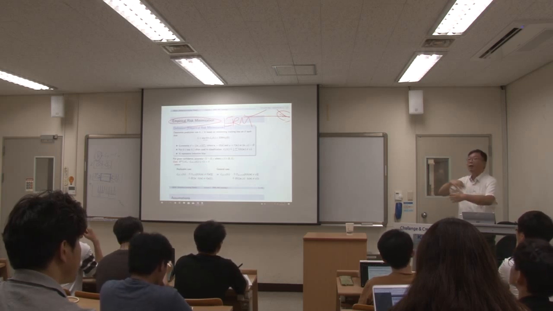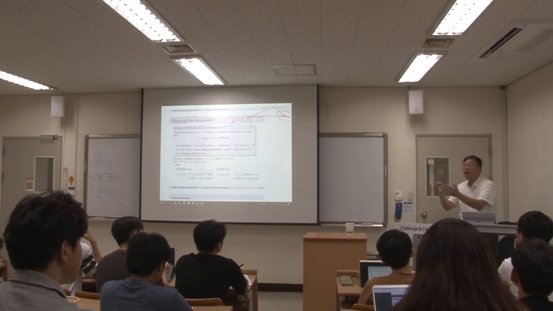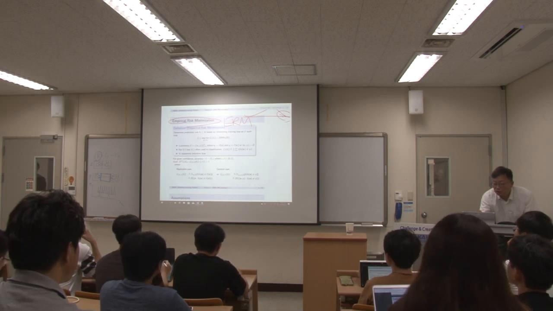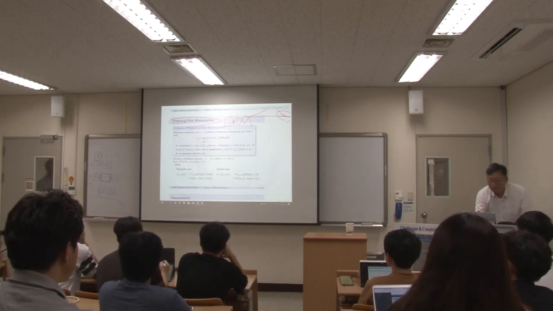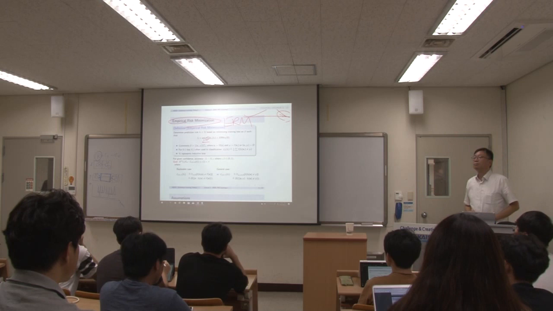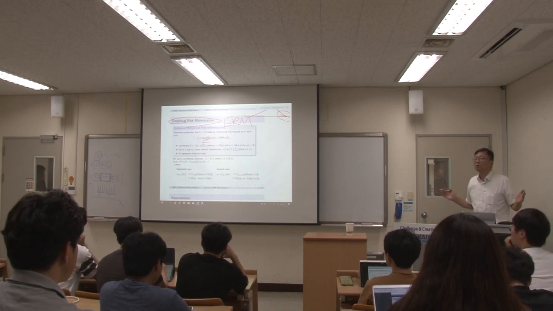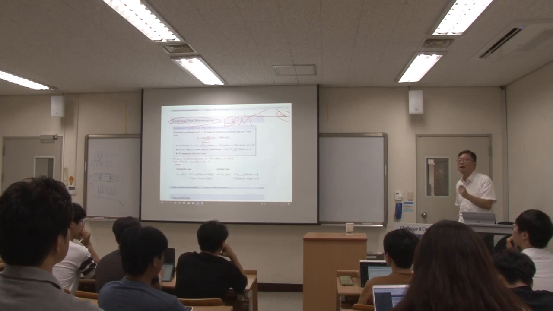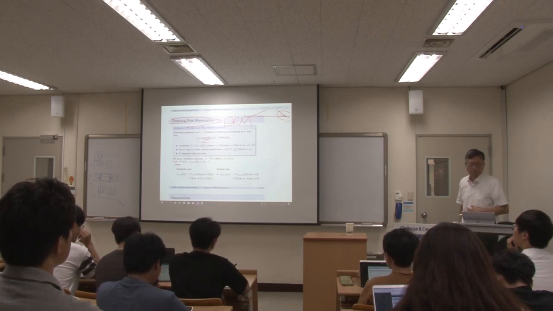I compare the two, and ERM chooses the function that minimizes the training loss. Simple enough. ERM is a hypothesis that minimizes the training loss.